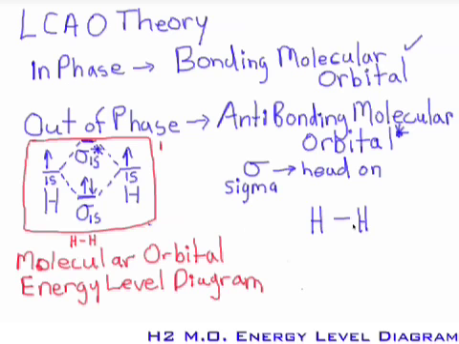This is the Lewis structure. This is a molecular orbital energy level diagram. If I look at the HH molecule in the Lewis structure, I notice I have a single bond. Well, I can determine the same thing from the middle section of our molecular orbital energy level diagram. I can define something called bond order.